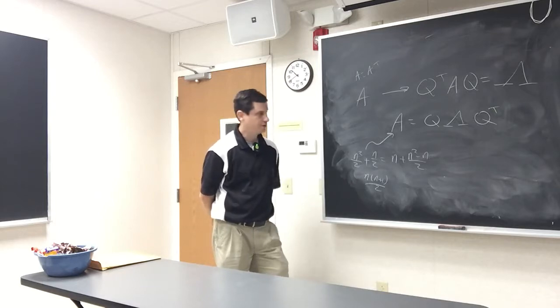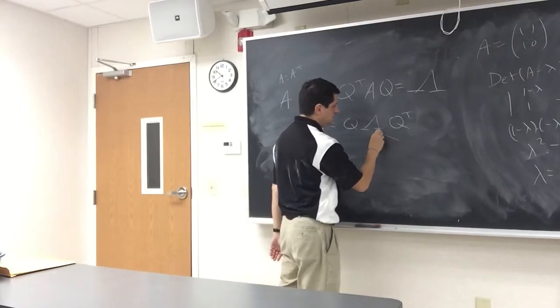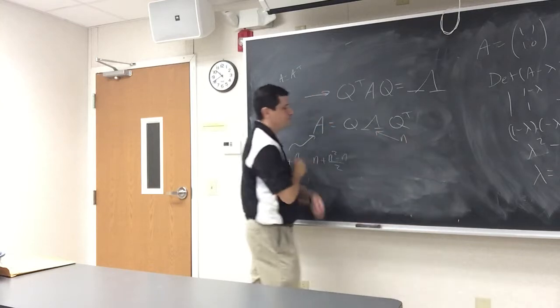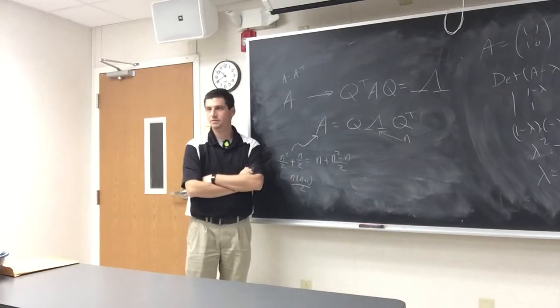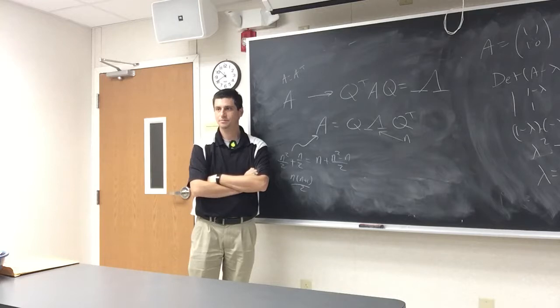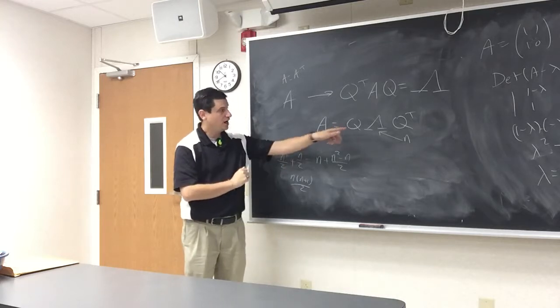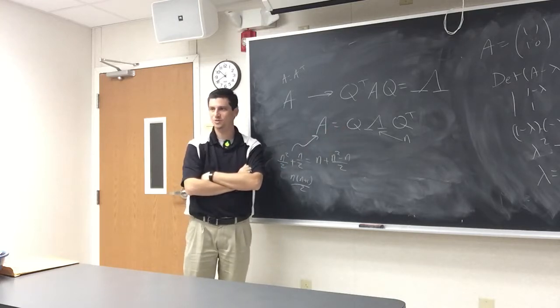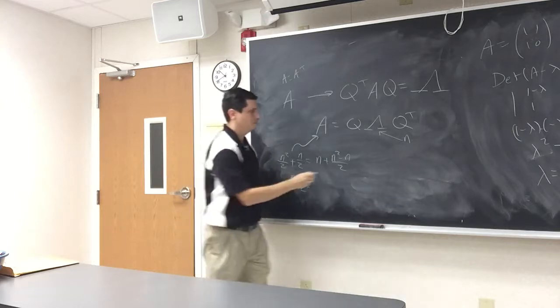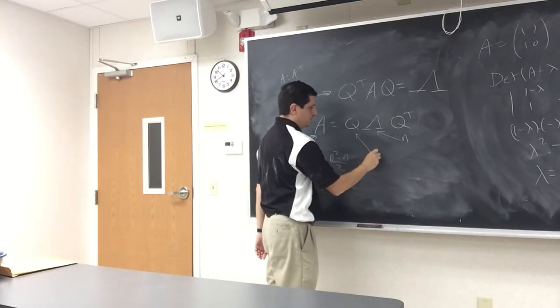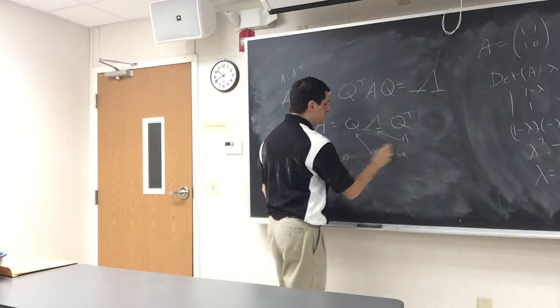Let's look at what's going on over here. There are n degrees of freedom from lambda, the n diagonal entries. So this tells you how many degrees of freedom you should have for Q. What must this be?